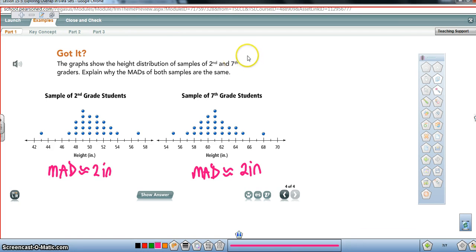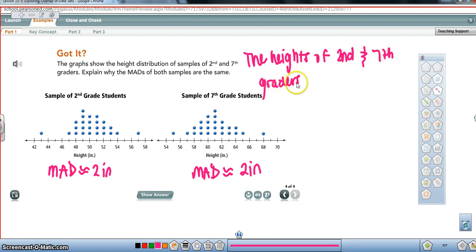So we could say that the heights of 2nd and 7th graders are spread out in similar ways.